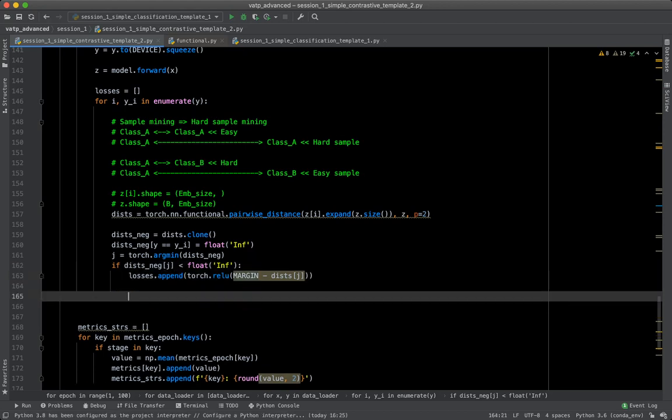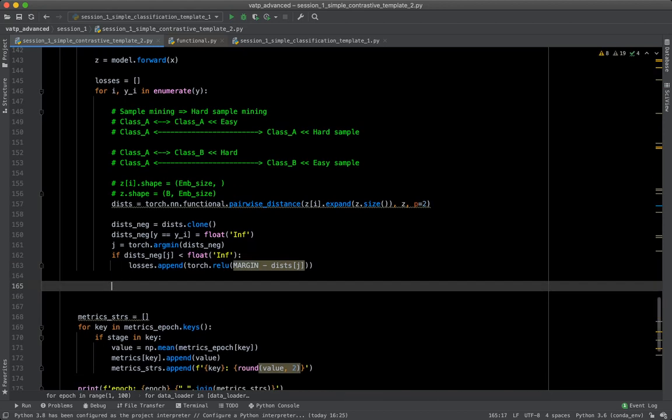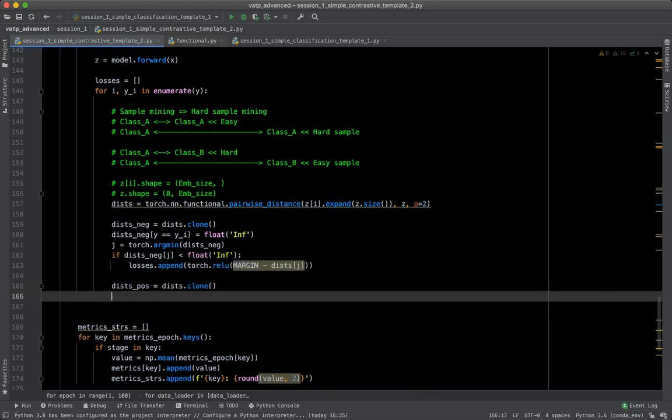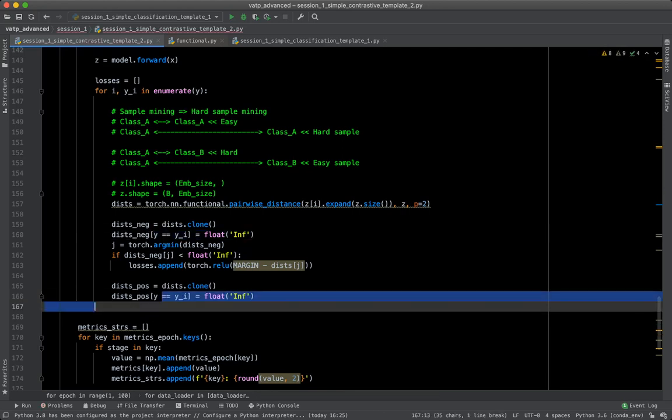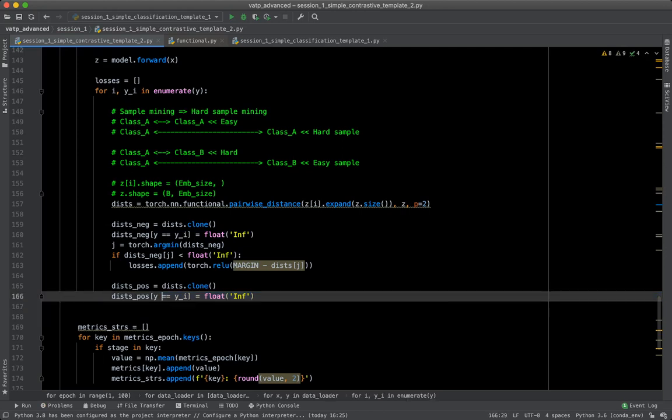The next part is positives. So dists positives. Again, dists. Actually, we could just better clone it. I don't like it, so let's clone it like that. And then this one will be the positives, the opposite of what we had before, and also the minus infinity, right?